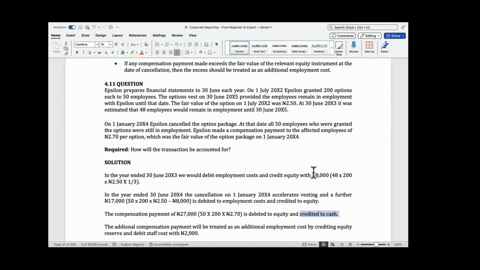They cannot say out of the 200 options, they want to cancel 100 options. Then how do you want to measure? That's huge, because that's beyond this one. That becomes a change in accounting estimate, because that means you will have to restate the previous balances you have recorded before. So it's not going to happen. It's either they cancel all or they cancel none.